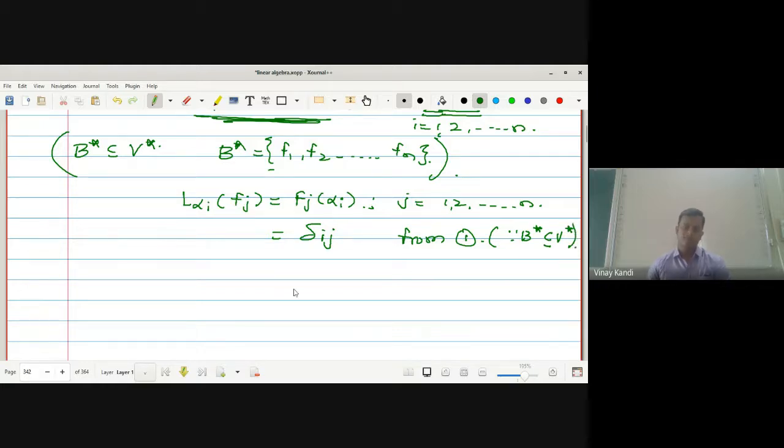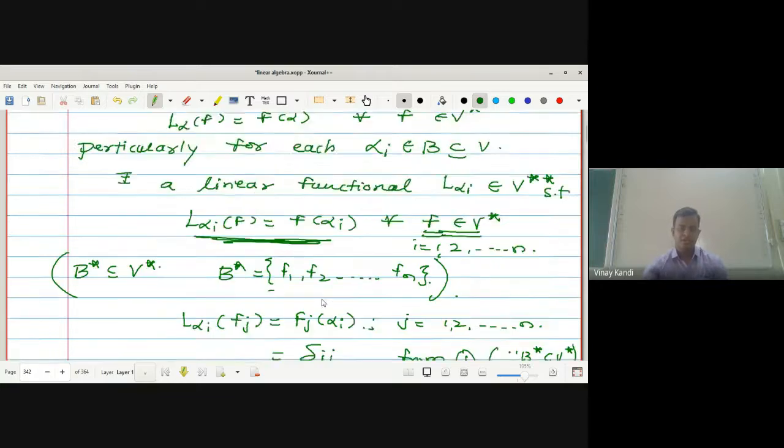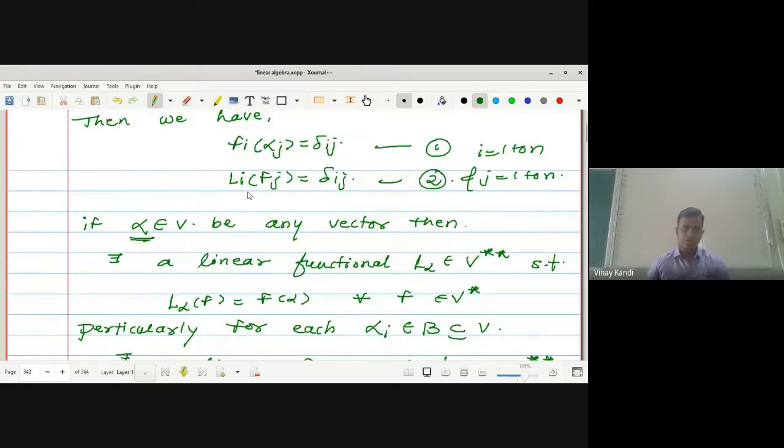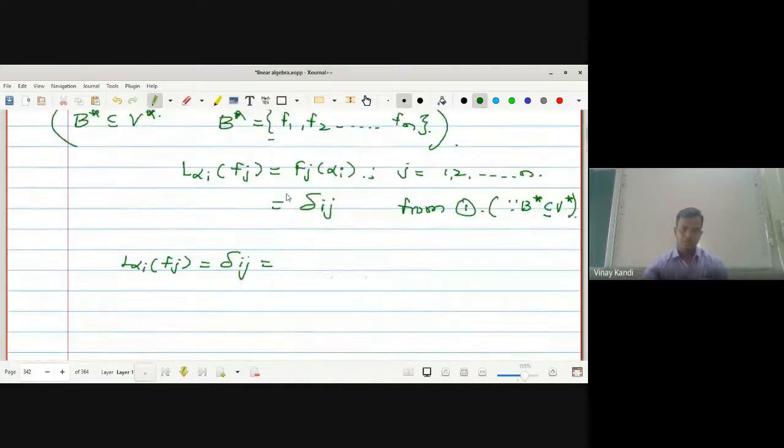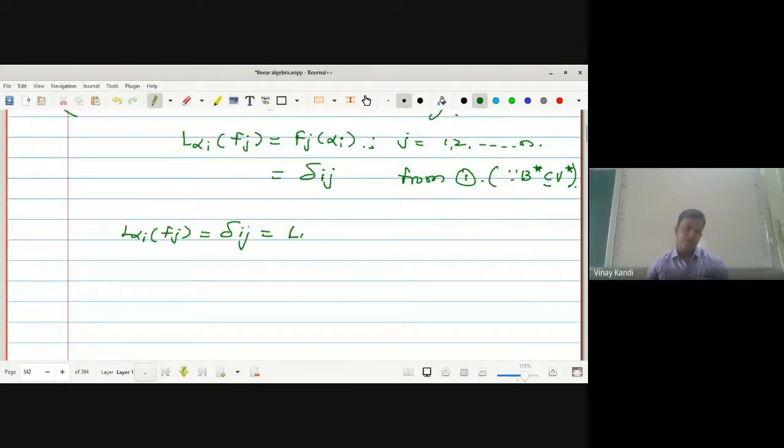Okay, so here L alpha i of fj is equal to what we have? Delta ij, which is equal to what? Li of fj, by equation 2, where j is running from 1 up to n.